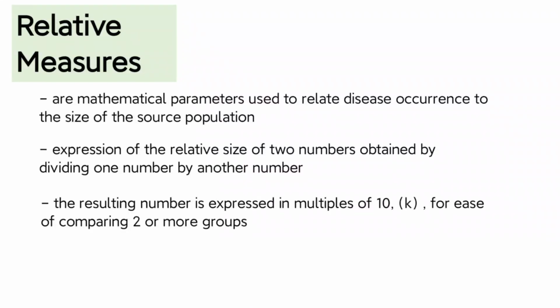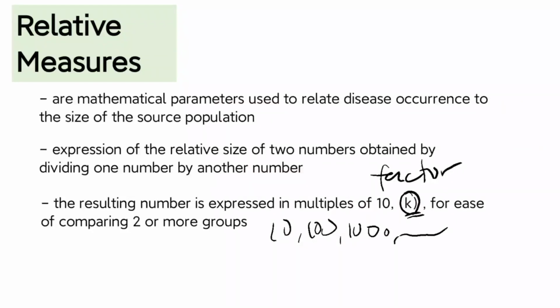The resulting number is expressed in multiples of 10. Ito yung tinatawag nating factor, or the symbol small letter k, for ease of comparing two or more groups. Pag nakita niyo yung small letter k, that means it's either 10, 100, 1,000, and so on, basta multiples of 10.